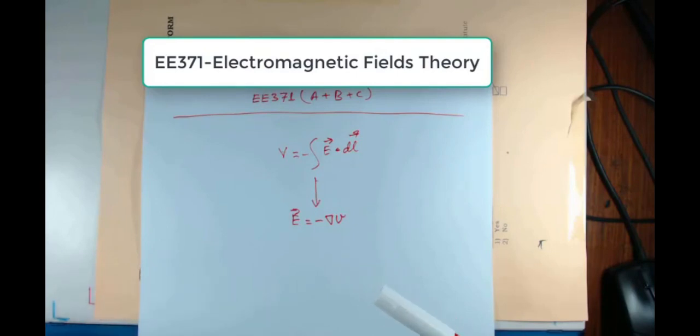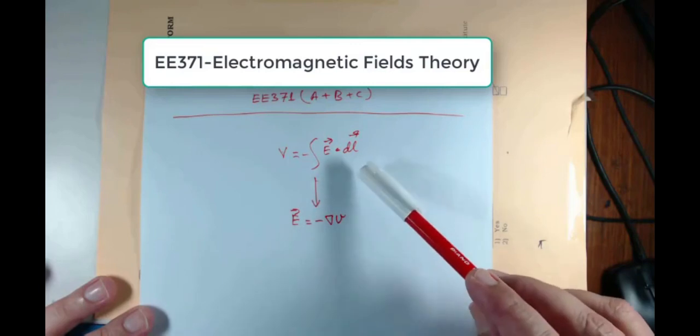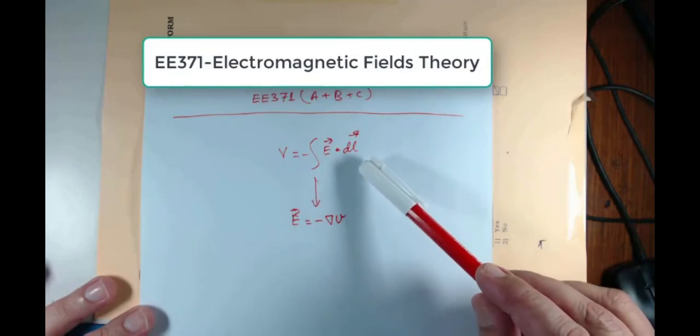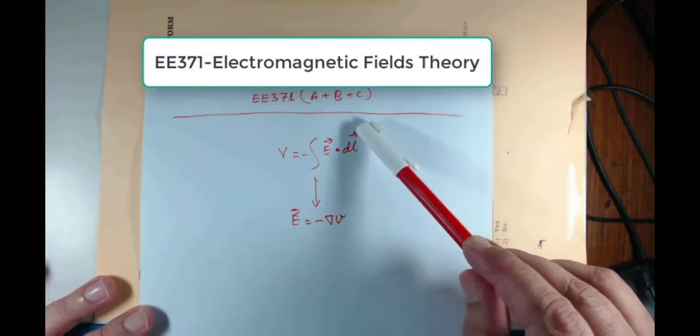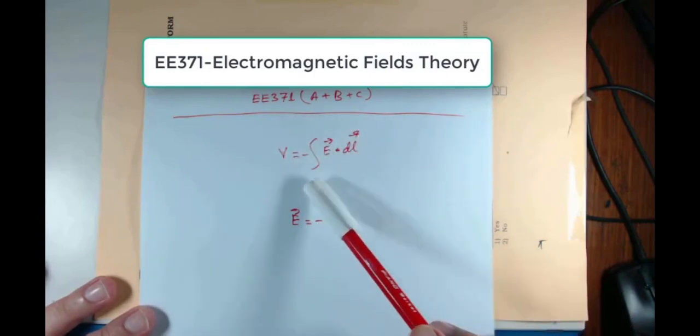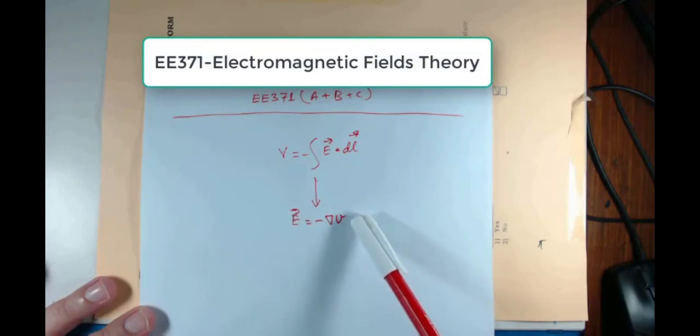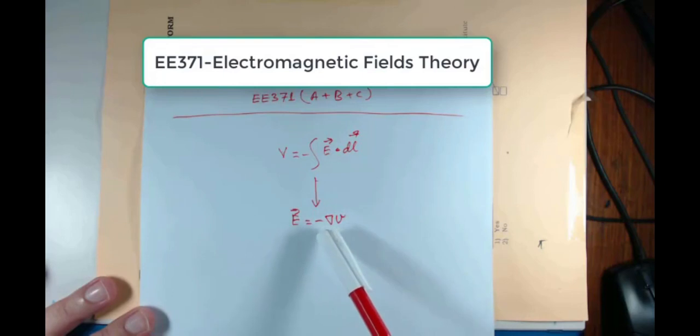The gradient basically tells us about the maximum variation in that scalar quantity with respect to space and some specific direction. Using that concept, we convert this line integration relation of potential to a very important relation of a negative gradient of scalar potential, which in return gives us electric field.